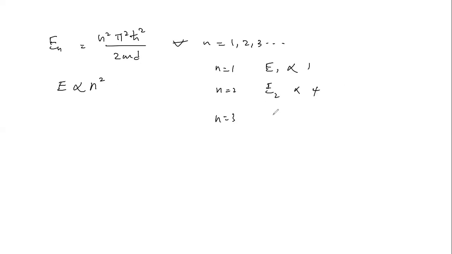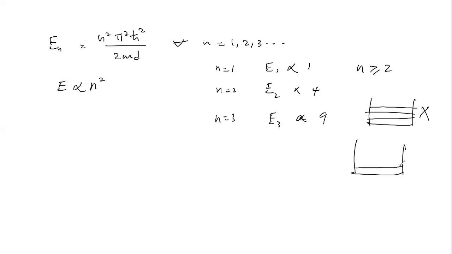When n is equal to 3, E3 is proportional to 3 squared, that is 9. So it's not a symmetrical or evenly scaled process. Once we have the first energy level, the second energy level is four times this, and the third is nine times, and so on. The energy levels grow in the well.